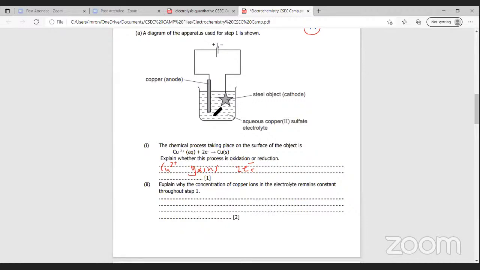So for each copper ion that is deposited on the cathode, 1 copper ion from the anode goes into solution. As soon as you lose 1 from the solution, 1 from the anode replaces it, and so there's no net change in the concentration of copper 2+ ions in the electrolyte.